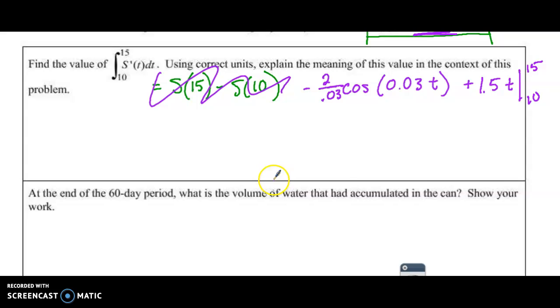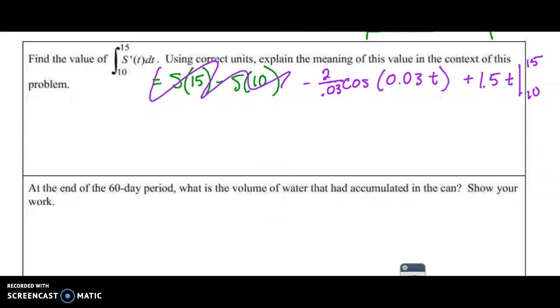At the end of the 60-day period, what is the volume of the water that had accumulated in your can? Well, remember, we had a starting point that wasn't at 0, but it started at 5. And then what we can do is the integral from 5 to 60 of that s prime of t dt.